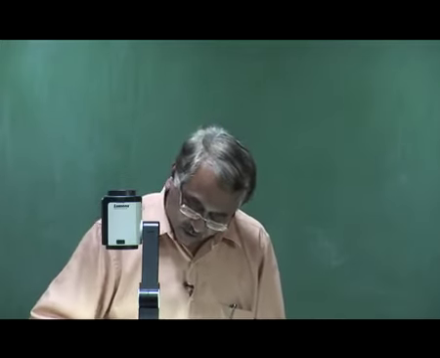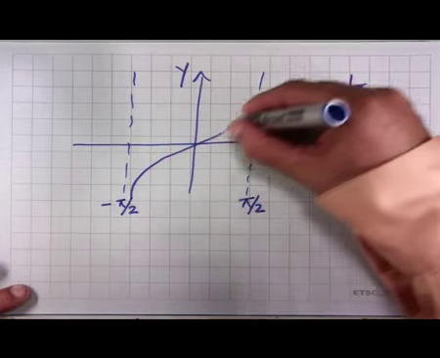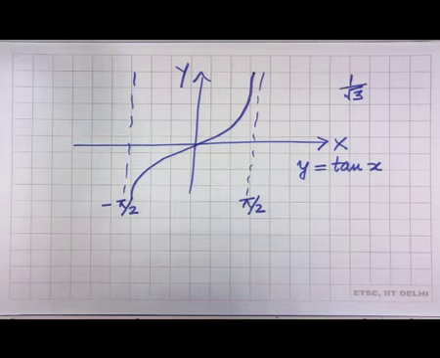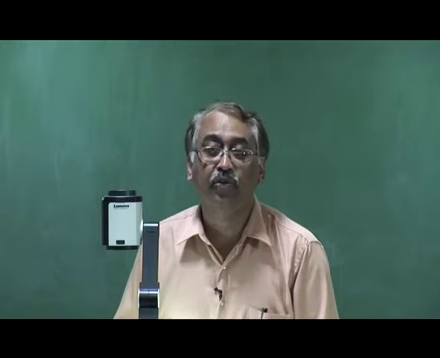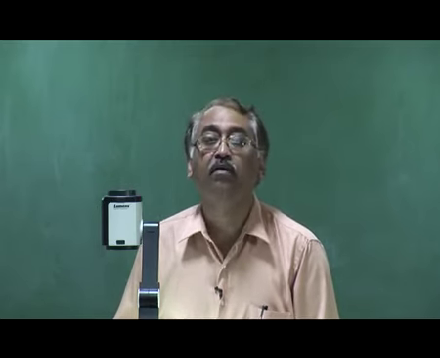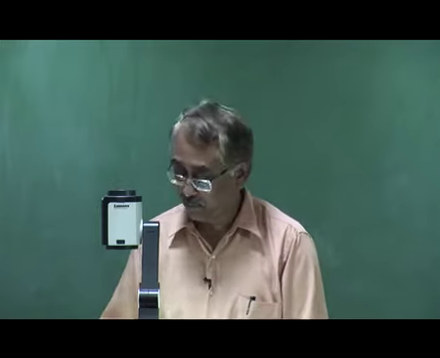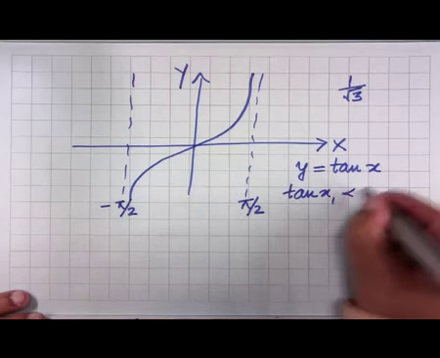The graph of tangent x, you might recall, goes something like this. It passes through the region, and it is in fact a monotonically increasing function. That basically means that for any 2 points x1 and x2, if they are not equal, then x1 less than x2 implies tan of x1 is less than tan of x2.